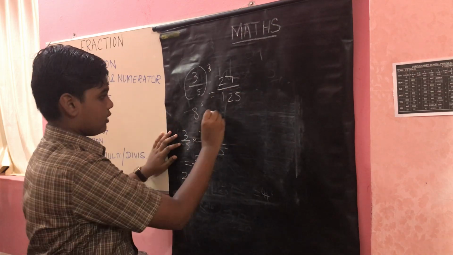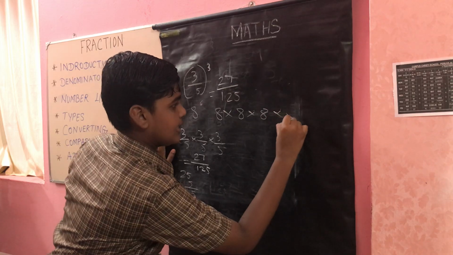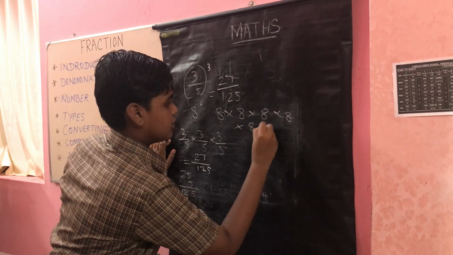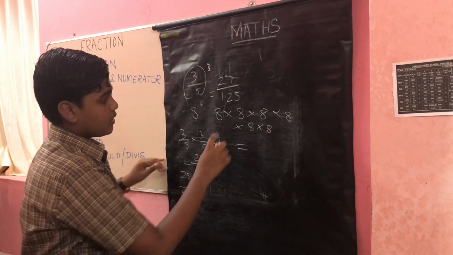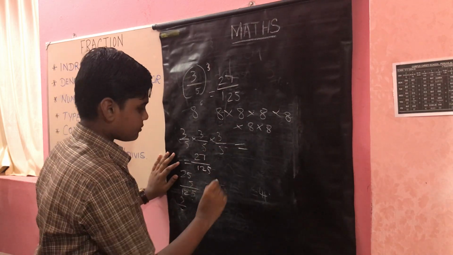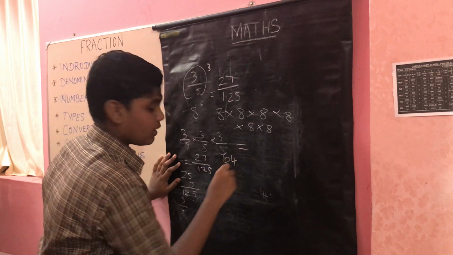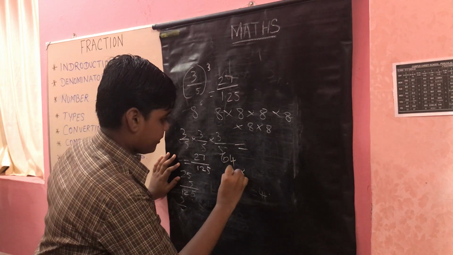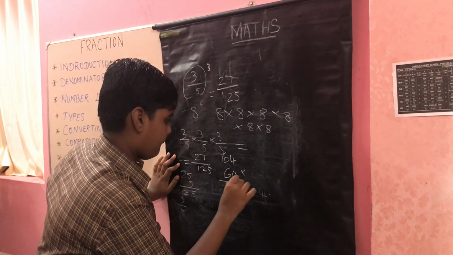Same method we use for this. 8 into 8 into 8 into 8 into 8 into 8, and we need to find the answer. So what are 8 8s? 64. So 64 into 8. No, we can do it directly. So 8 8s are again 64. We can do it like that.